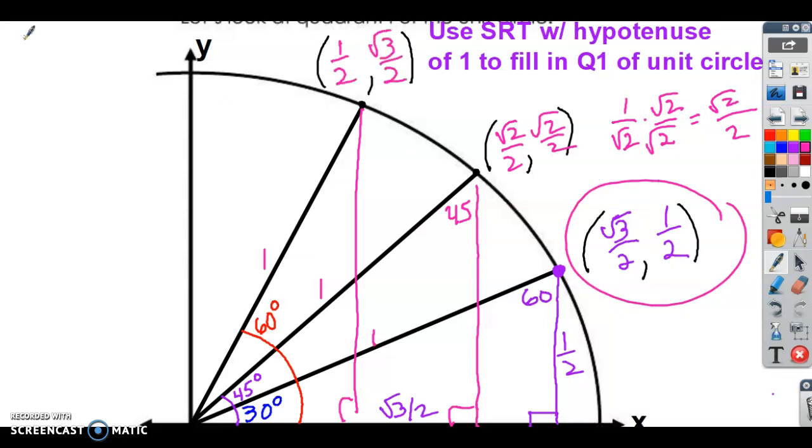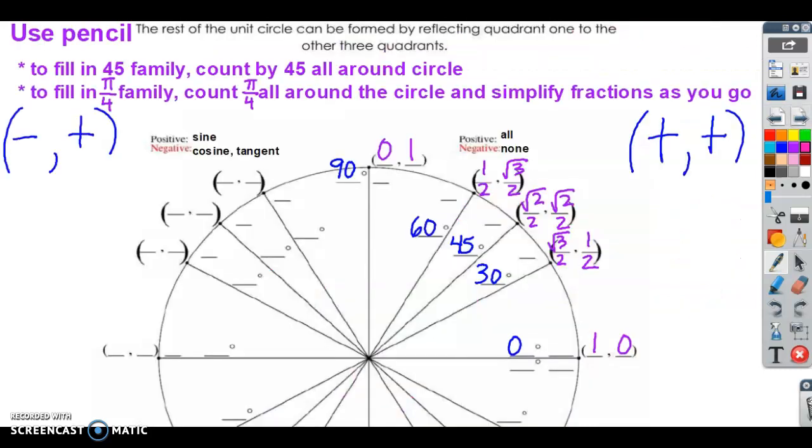Now, if you're not already writing this down, I would suggest you get a blank unit circle and start filling it in with these values, because we are going to go straight to a much larger unit circle here. And the reason why we counted last block in terms of halves and thirds and fourths is because of the unit circle right here. So we just filled in, so go ahead and fill in the quadrant 1.